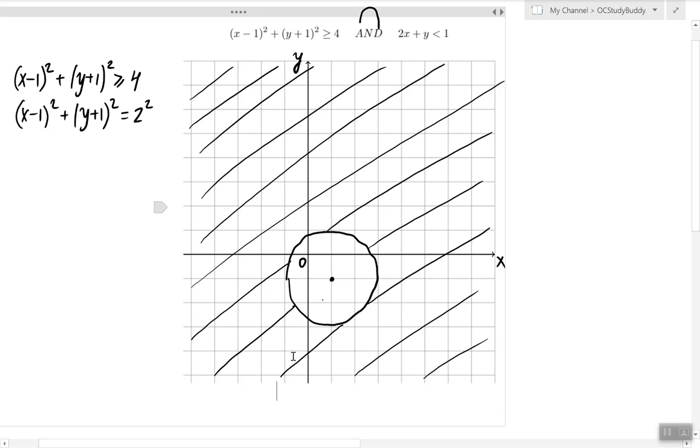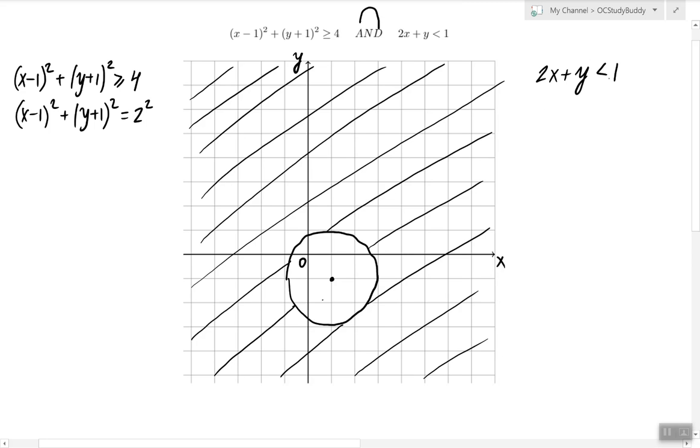Now, to solve the inequality on the right, I'm going to first graph this equation, and the equation is linear, so to graph it I can just use x and y intercepts.